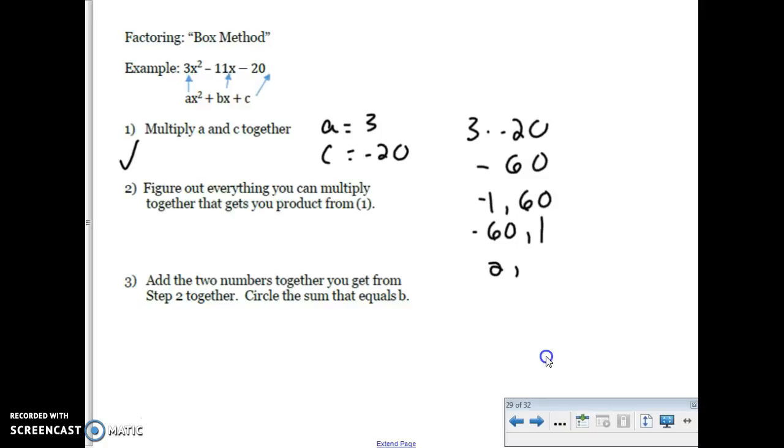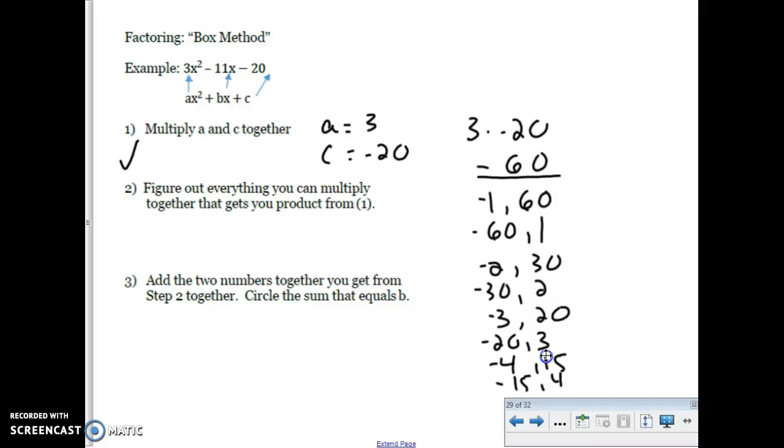What else? 2 and 30, both positives and negatives. 3 and 20, negative 20 and 3. 4 and 15, so I got negative 4 and 15, negative 15 and 4. 5 and 12, negative 5 and 12, negative 12 and 5. 6 and 10, negative 6 and 10. And that works. Step 2 is done.